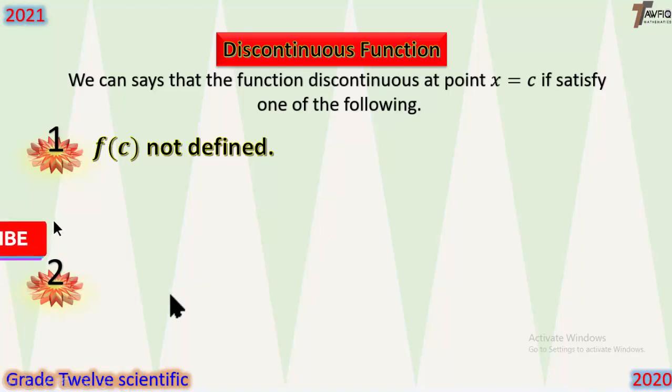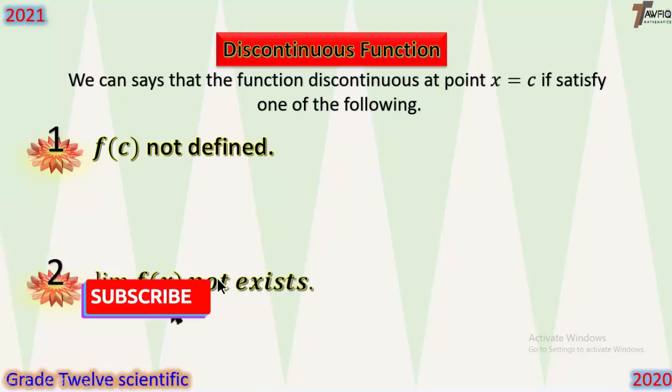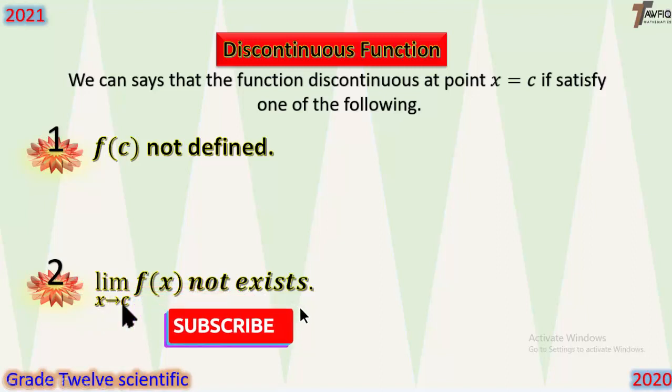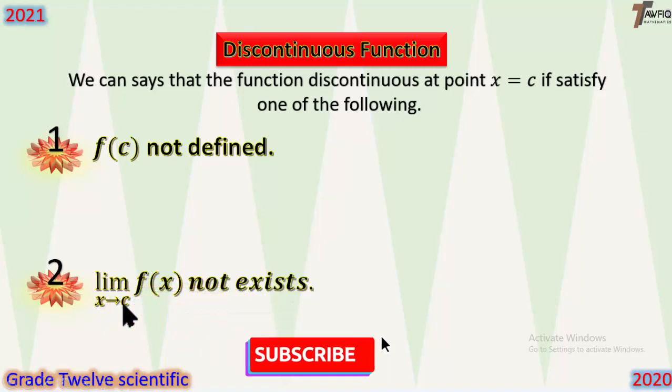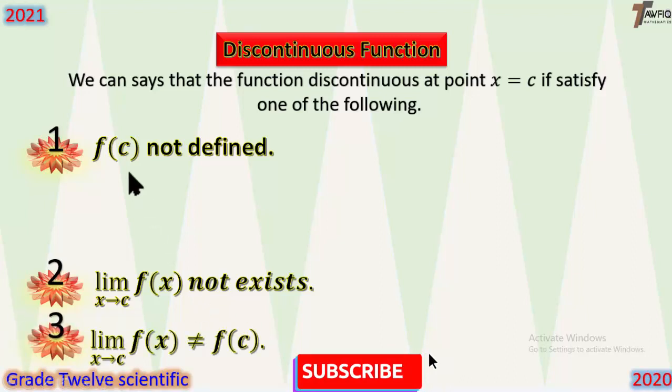The second one, the limit does not exist when x approaches c. This function is not continuous. The third one, the function is defined and the limit exists but they are not equal. Therefore the function is discontinuous.